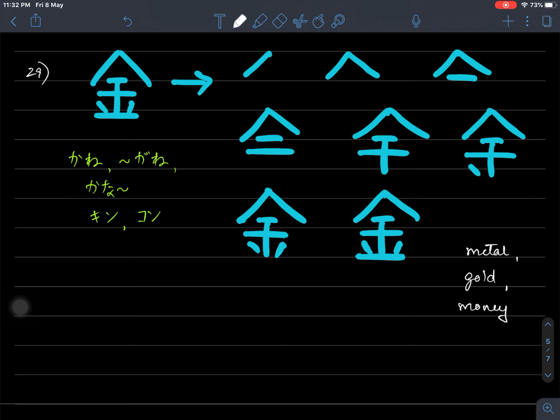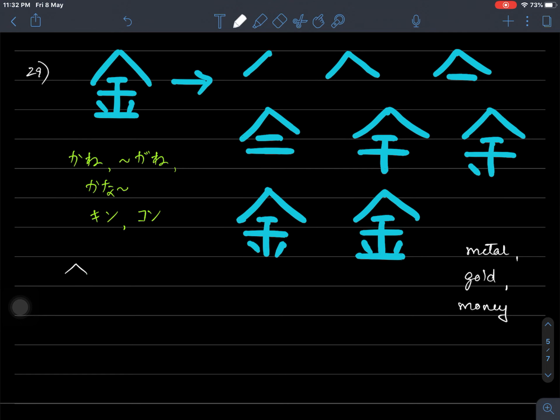So onward, let's have a look at the first word. This is kinyobi.